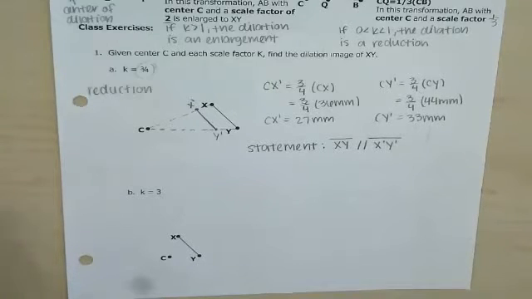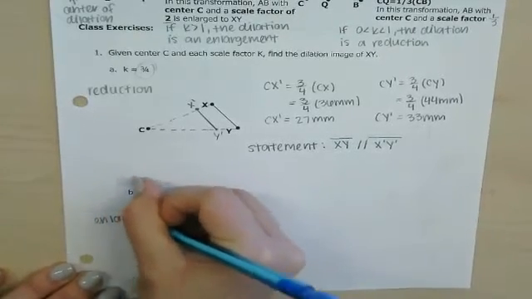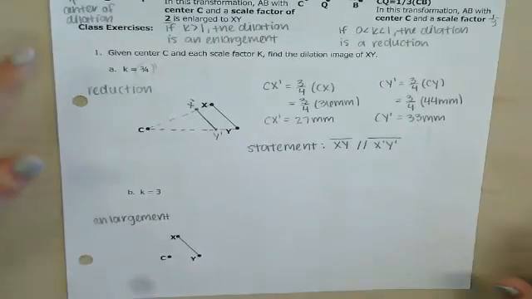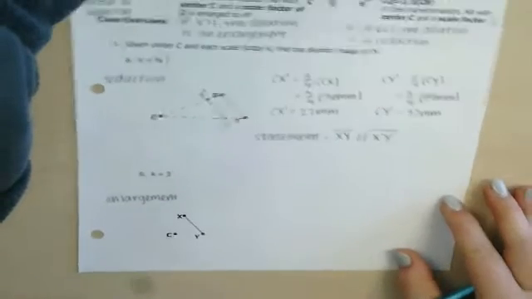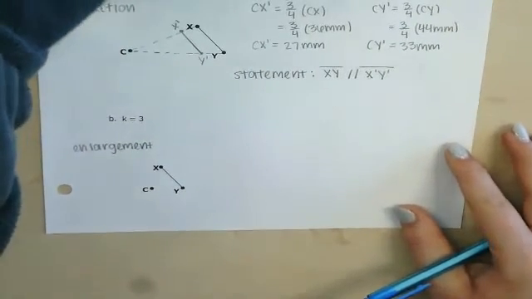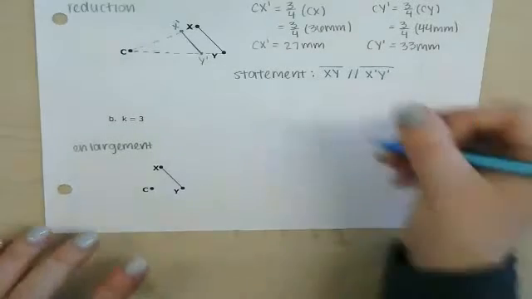Okay. B is pretty much asking us to do the same thing, but this time our K is 3. So is that going to show a reduction or an enlargement? Okay, all right, so same idea.